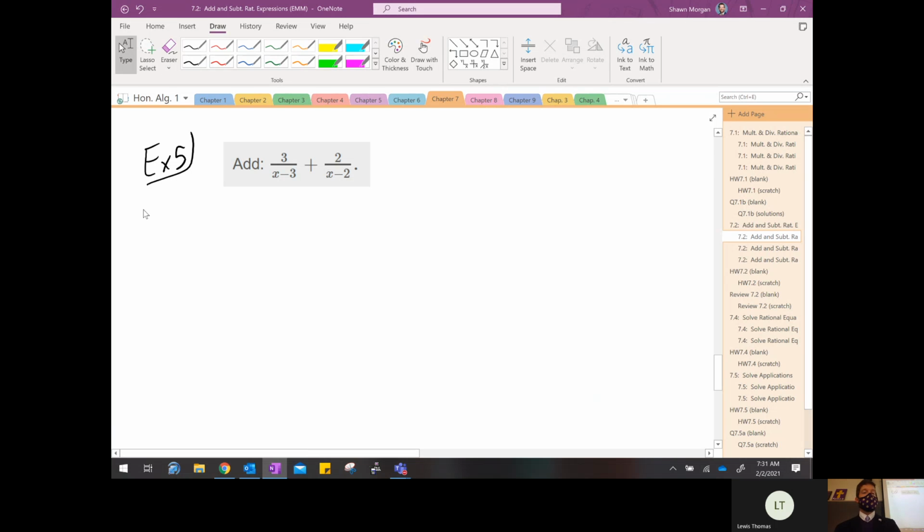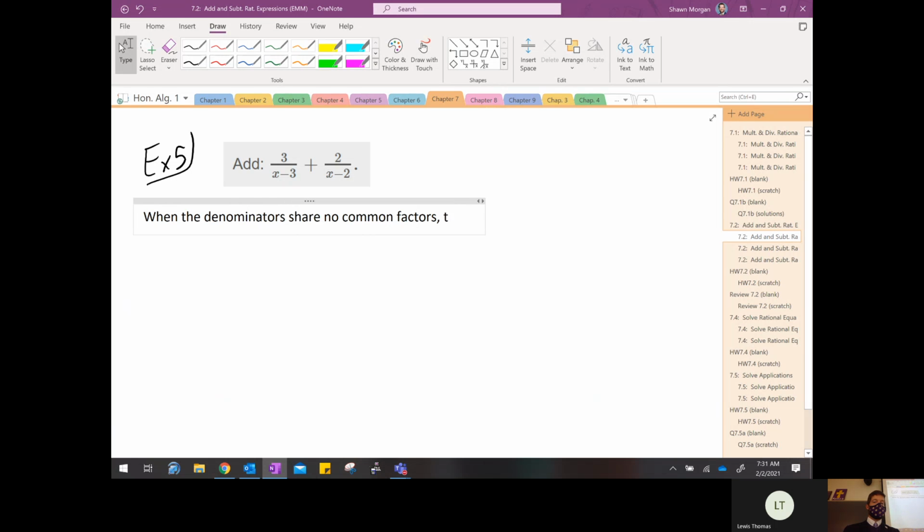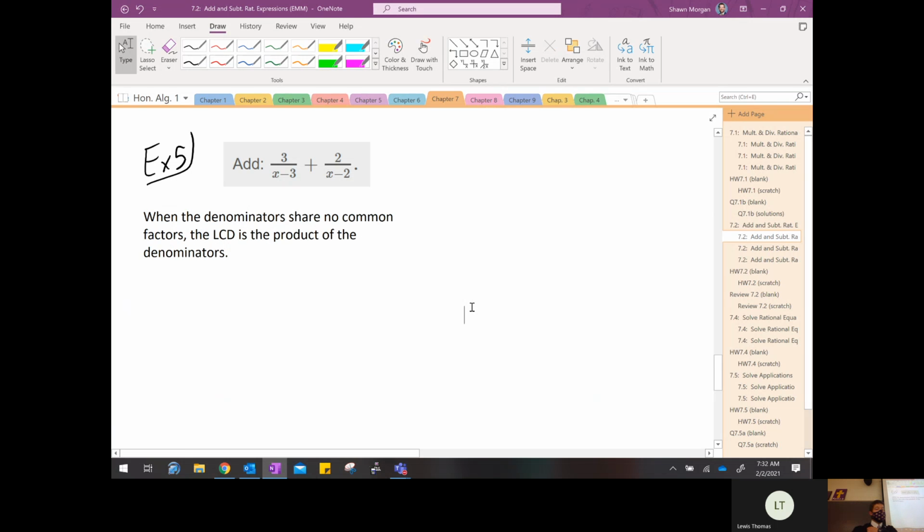And so I'm going to make a note, and I'm going to say when the denominators share no common factors, the LCD is the product of the denominators. In other words, just multiply the denominators by themselves and you get the LCD when they don't have any common factor. Now, you've actually known that since elementary school.